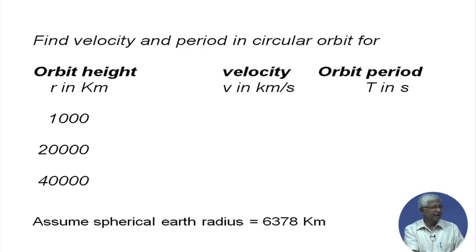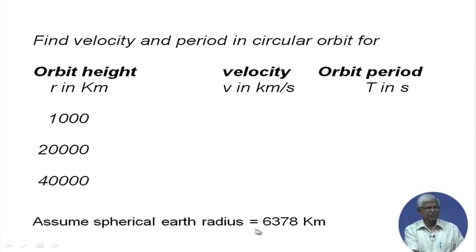So, therefore, I am assuming that this orbit height is from the surface of the earth, but the calculations are based on the center point of the circle. So, therefore, the radius of the earth has to be added to this to get the radius of the orbit from the center. So, to find out the radius of the orbit for 1000 kilometer orbital height, it will be 1000 kilometer plus 6378.